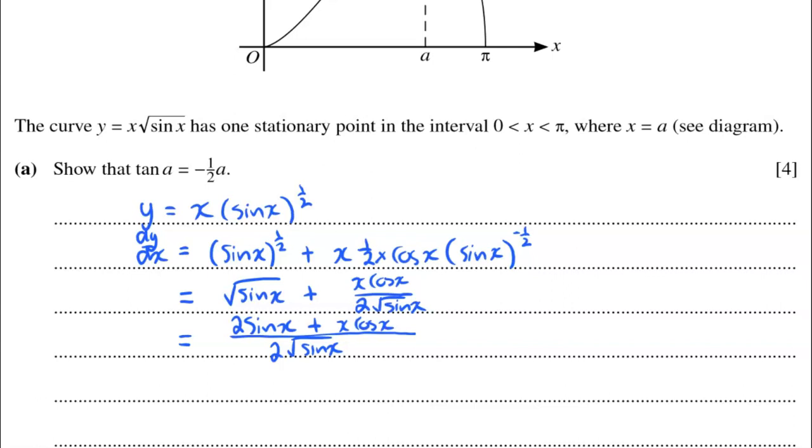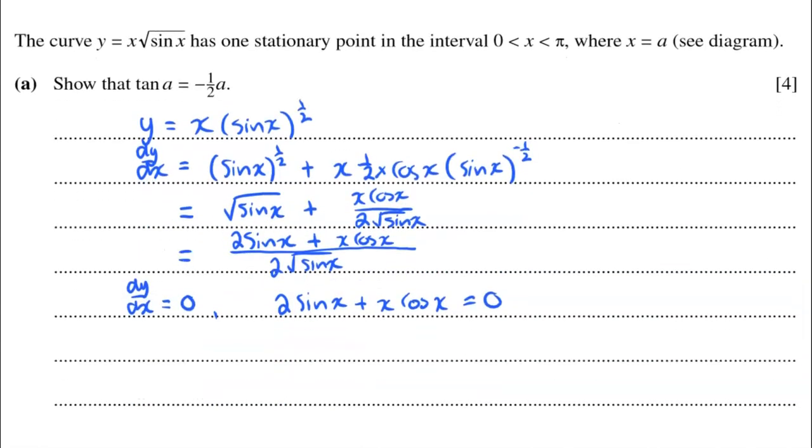That's helpful for us because when dy dx equals 0 in a single fraction, that means the numerator is 0. So we have 2 sine x plus x cos x equals 0.